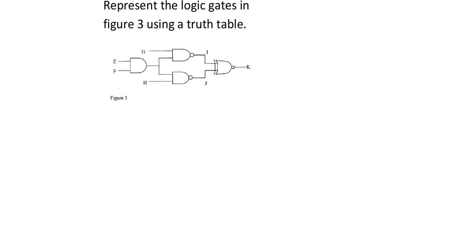Then this AND gate, its output goes to other two NAND gates. The other gates are called NAND gates because they have a bubble at the end, and this bubble means we have a NOT gate connected at its end. So we can actually draw like this.